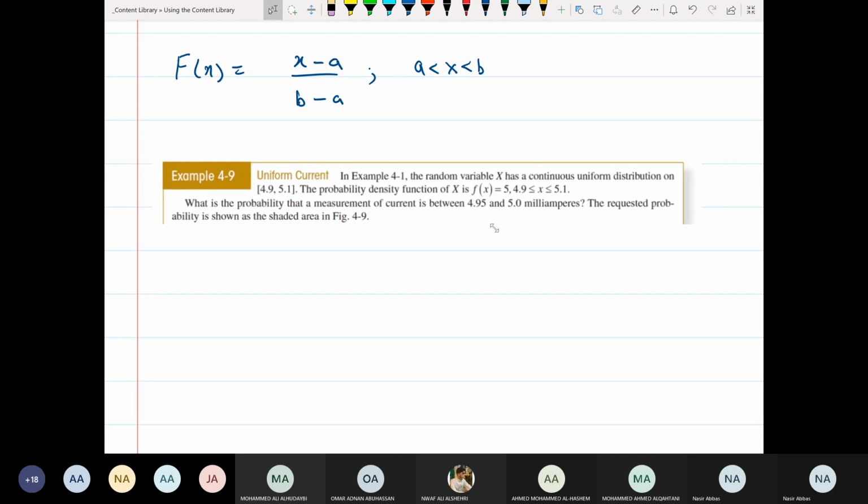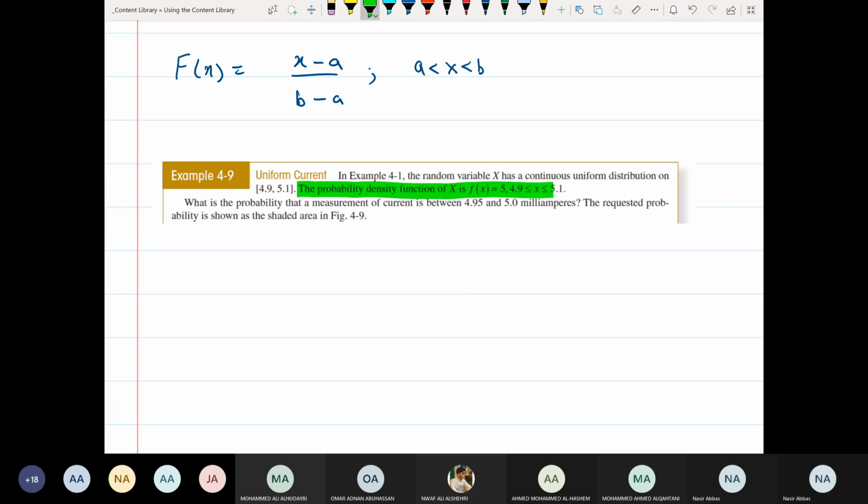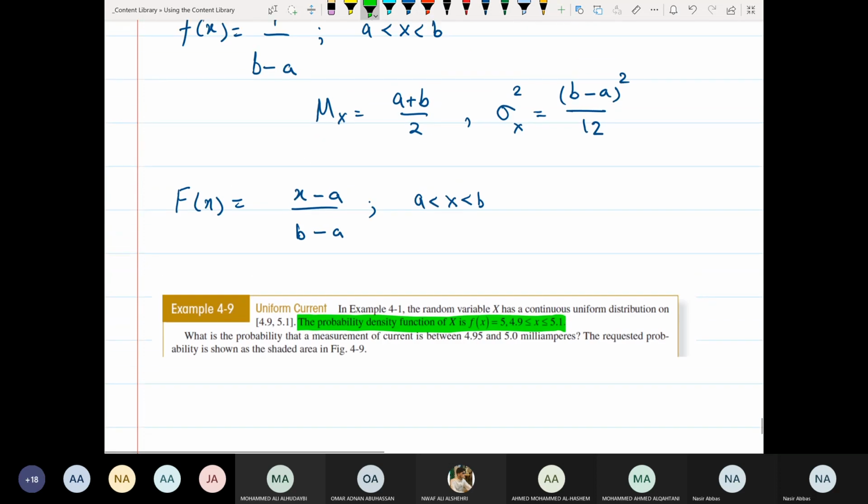This example 4.9 from the book says that the random variable x has a continuous uniform distribution on interval 4.9 to 5.1. Now, even if this second statement is not given, you should be able to solve the question. If I stop the question here and I don't give this green part, you should be able to write the probability density function by yourself.